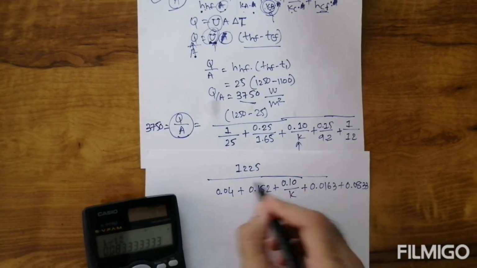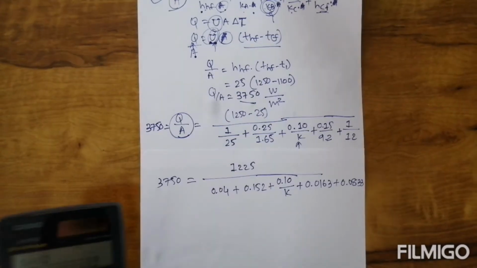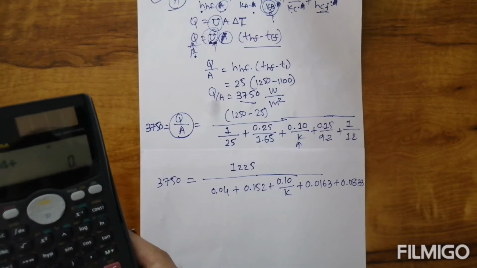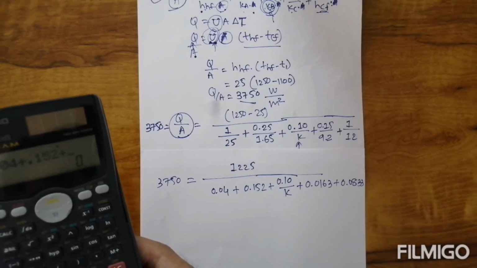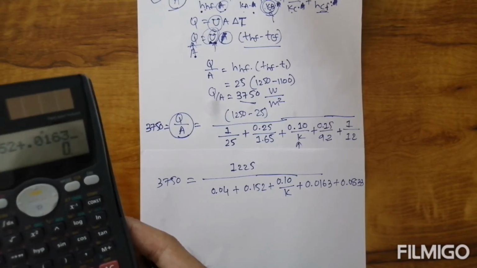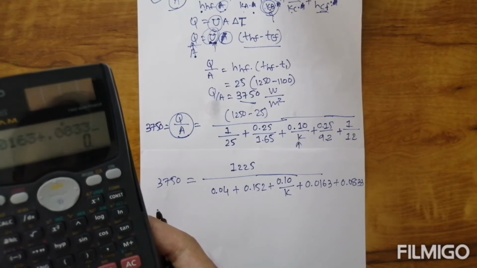So the summation of the resistances will be considered. 3750 is equal to 1225 divided by the summation of the resistances: 0.04 plus 0.152 plus 0.0163 plus 0.0833.